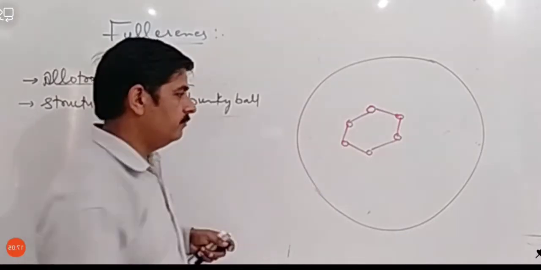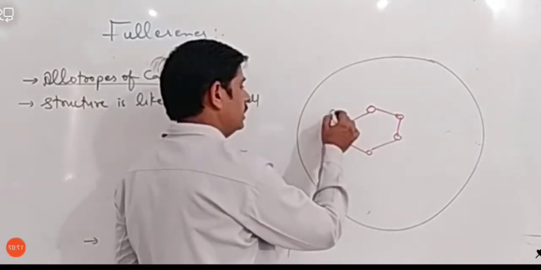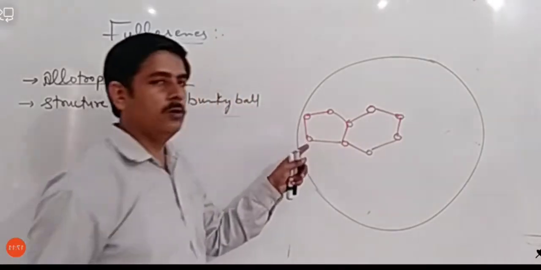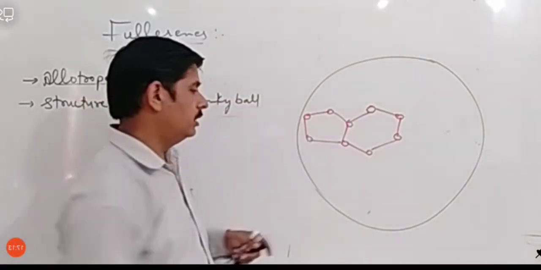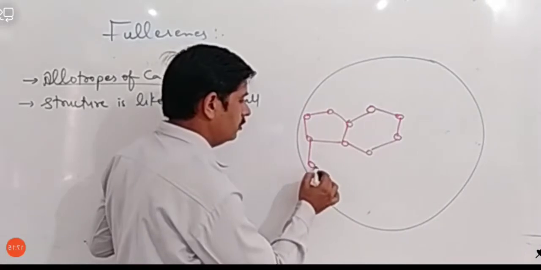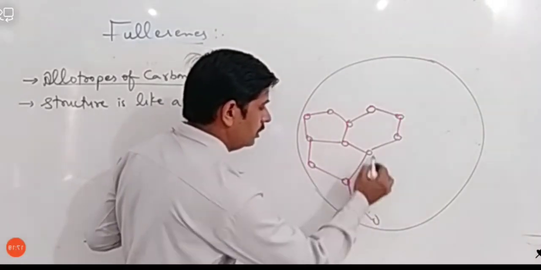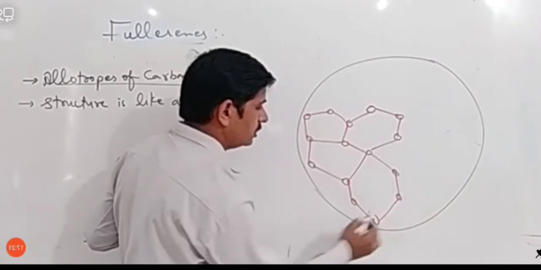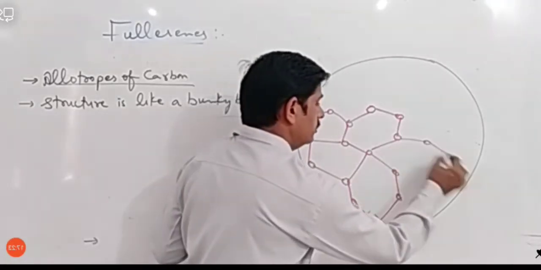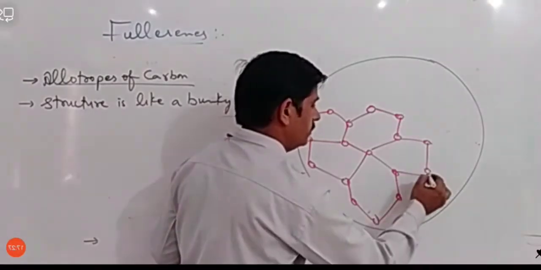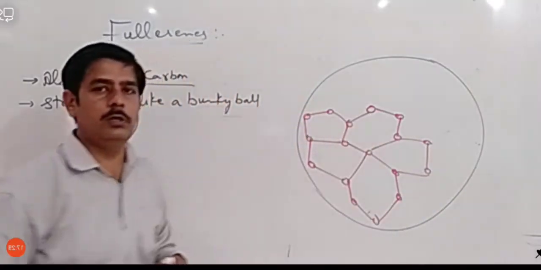And the other formation is just like this, formed by 5 carbons. This is pentagonal. Again this is pentagonal, and again this can be hexagonal. So there are two types of structure, hexagonal and pentagonal, that you will get in it.